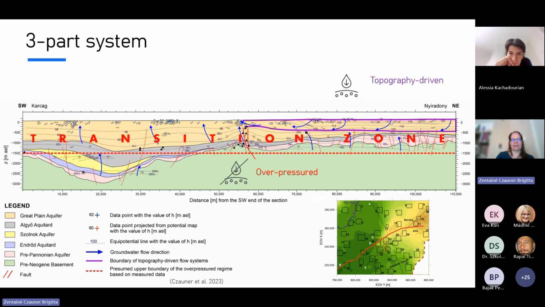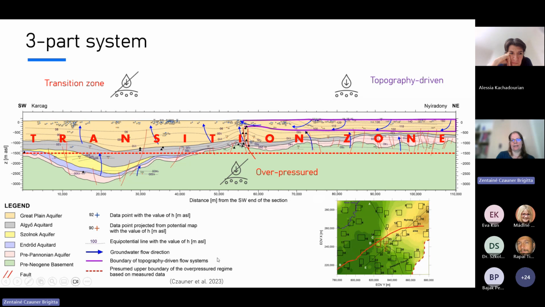And the uniformity of this upward flow condition everywhere along the section shows us that it could be the result of the overpressure dissipation, which is already fully dissipated above the red line, but still there is this very small excess pressure which can drive fluids upward.